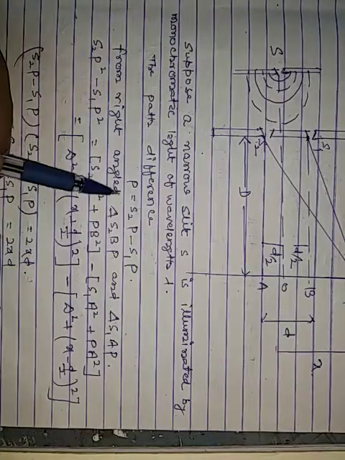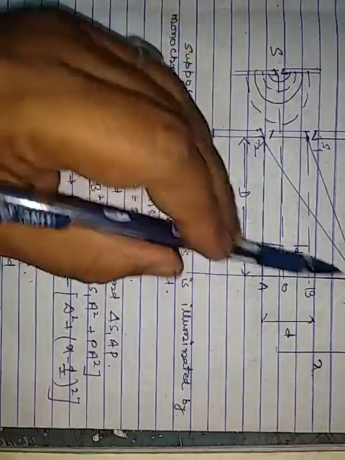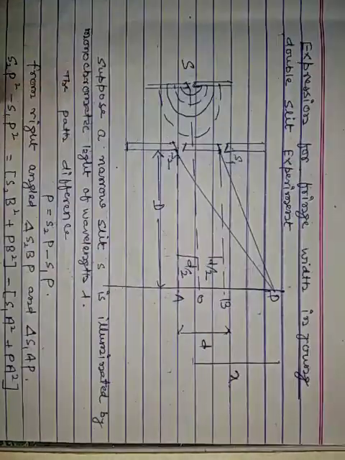Now the path difference p is equal to S2P minus S1P.